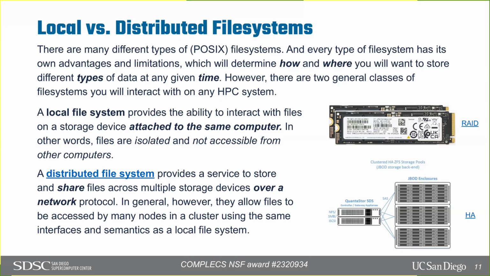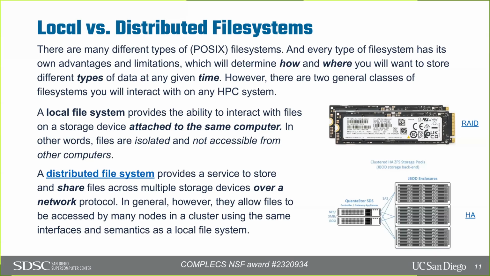When you get to an HPC system, the main category that is going to be new to you is distributed file systems, which provide access to files across multiple storage devices over a network. These distributed file systems allow you to store files and share them across the whole system.